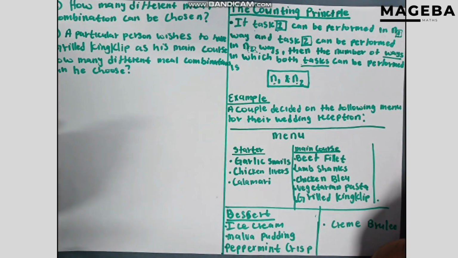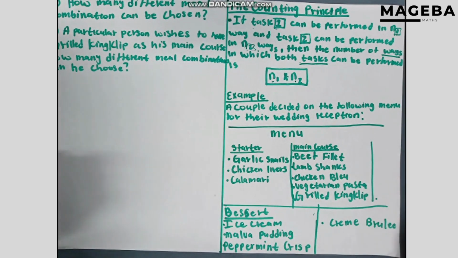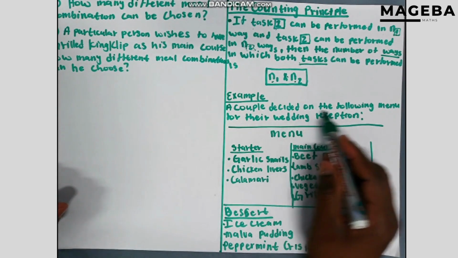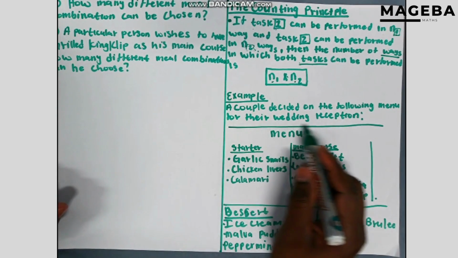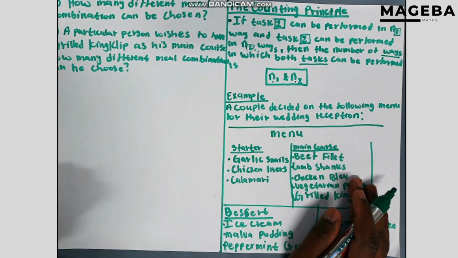Now let's come to this one. Let's do an example to show what we are talking about. A couple decide on the following menu for their wedding reception. They want to decide on what menu to choose.